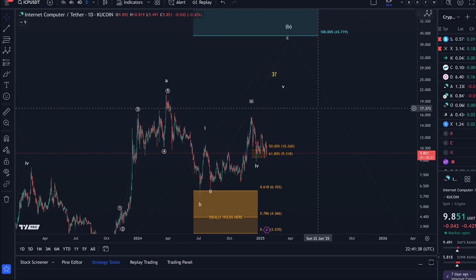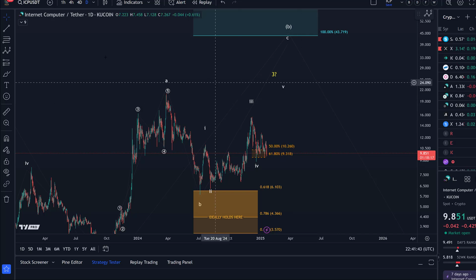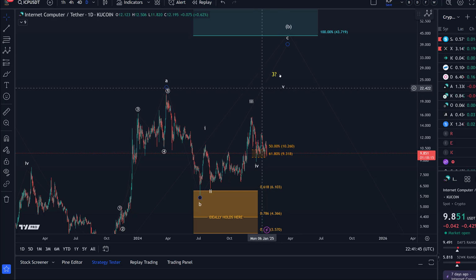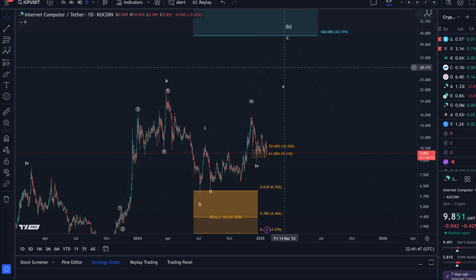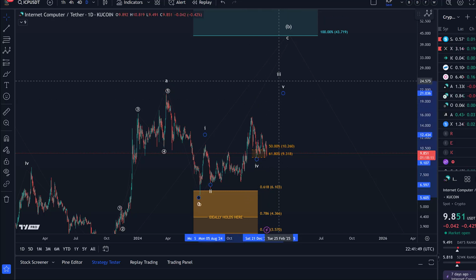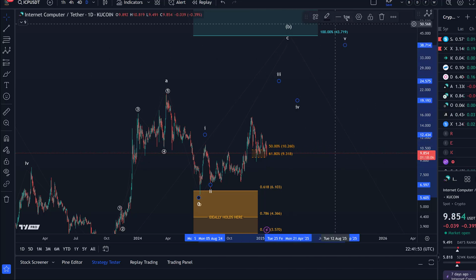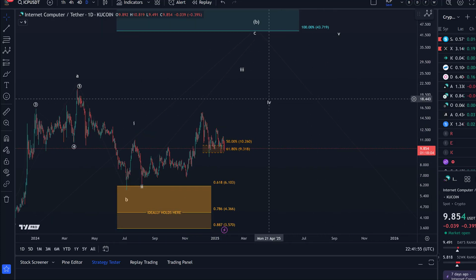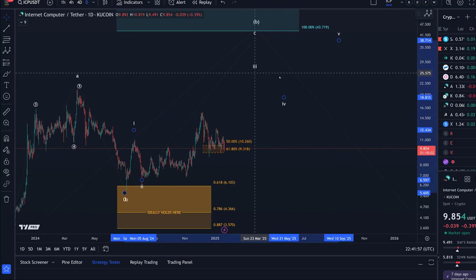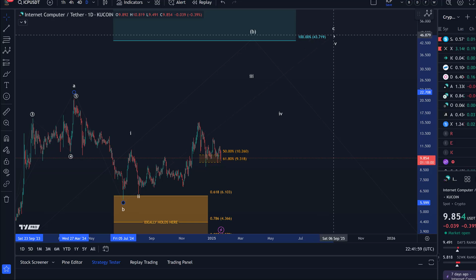So that means that something isn't right here. It could be that the 3rd wave is going to extend like this, and then this would put us nicely into the $43 range, right? This is how it ideally would unfold.